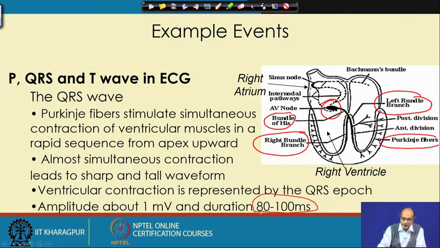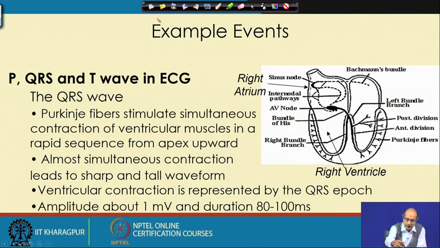So, the duration is not smaller than the PQ or the P wave, but because of the amplitude or the strength of it, the change looks much sharper and sudden. Compared to the P wave, the magnitude is about 5 times higher. It is 1 millivolt signal we get here.